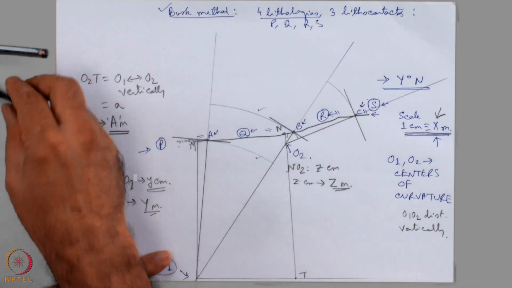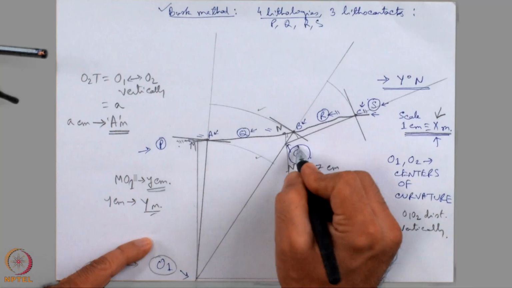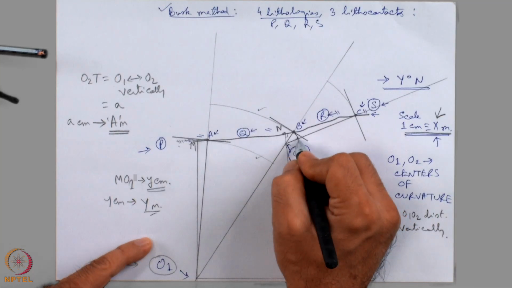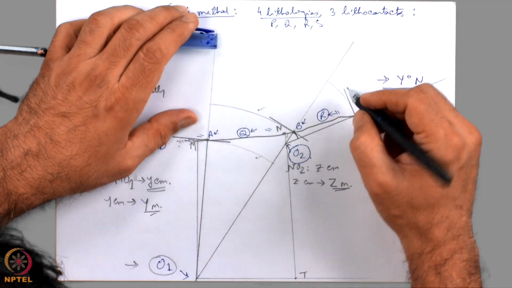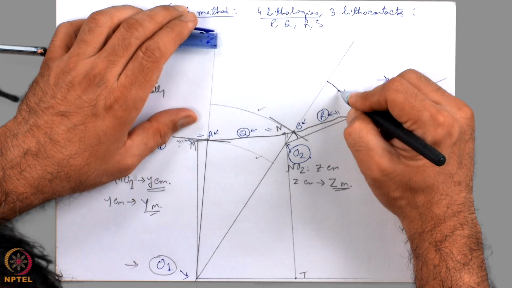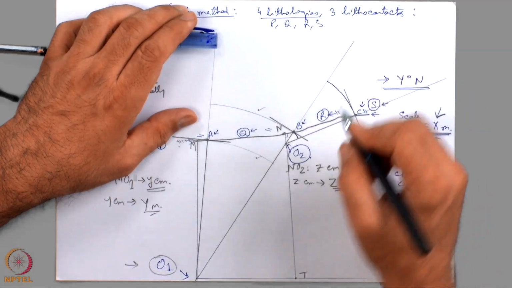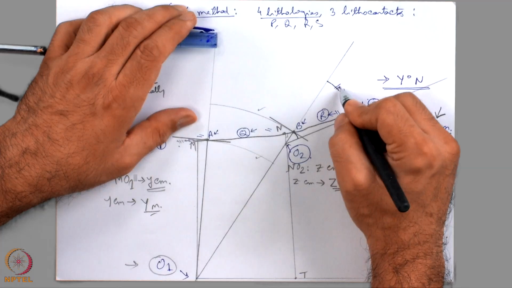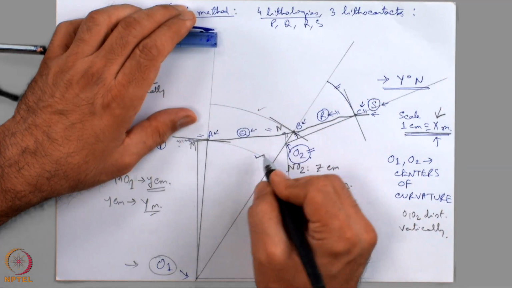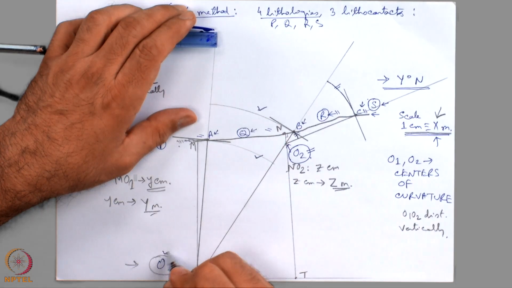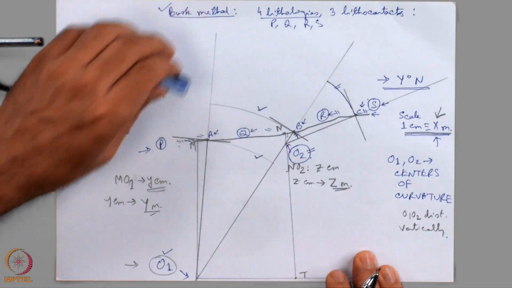So, what have I done? Taking O as the center, I have drawn a circular arc shown by a pen, and I have also drawn a circular arc shown by the blue pen. These two segments have O2 as the center, whereas these two segments drawn earlier have O1 as the center.